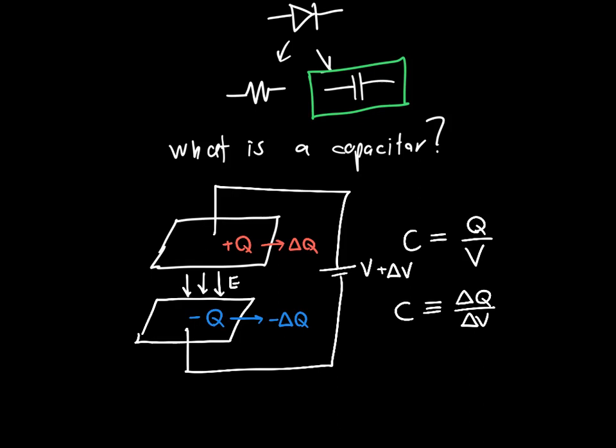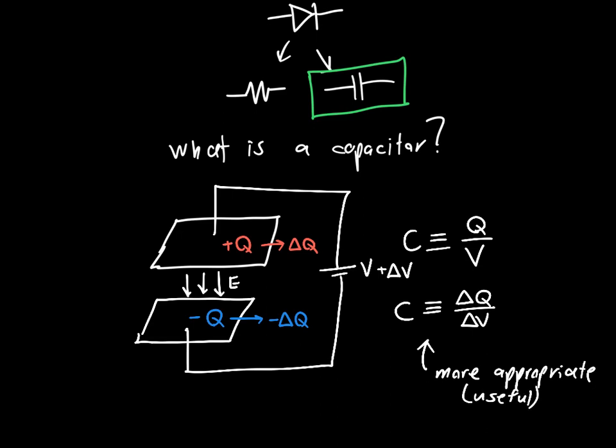And for simple linear capacitors, these definitions are exactly the same, because the change in charge of a linear capacitor is just the total charge, and the change in voltage is the total voltage. But the diode is a nonlinear device, so this is actually a more appropriate, and more than that, a more useful definition of capacitance.